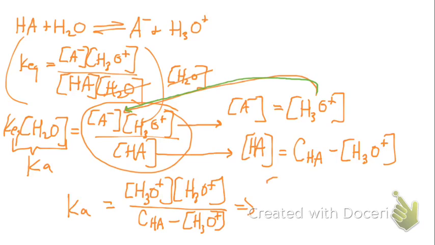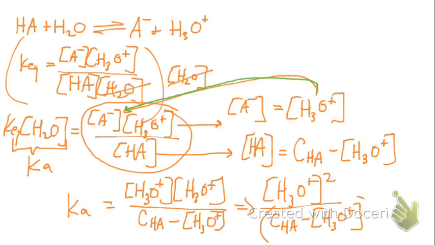I'm going to simplify this to H3O plus squared divided by the analytical concentration of our weak acid minus our concentration of hydrogen ions. Now, I will tell you what we're going to do, and then I will show you on the next slide. I'm going to move this side over to there. I'm going to multiply Ka by CHA. I'm going to multiply Ka by the H3O plus.